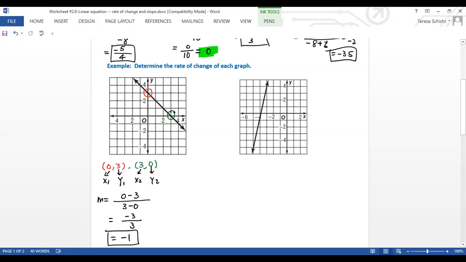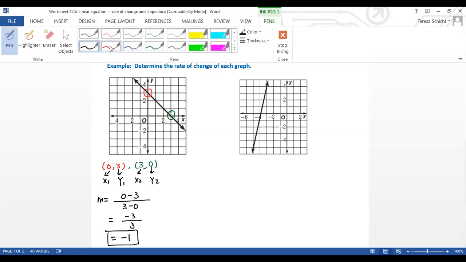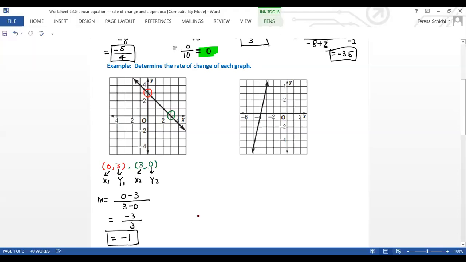Okay, now let's take a look at this one here. Let's try to choose the points. The first point, you want to locate at the exact coordinate. So I will see this is a point, and this one here is not really touching the coordinate. So this one here, I will say this is my first point, my red one.